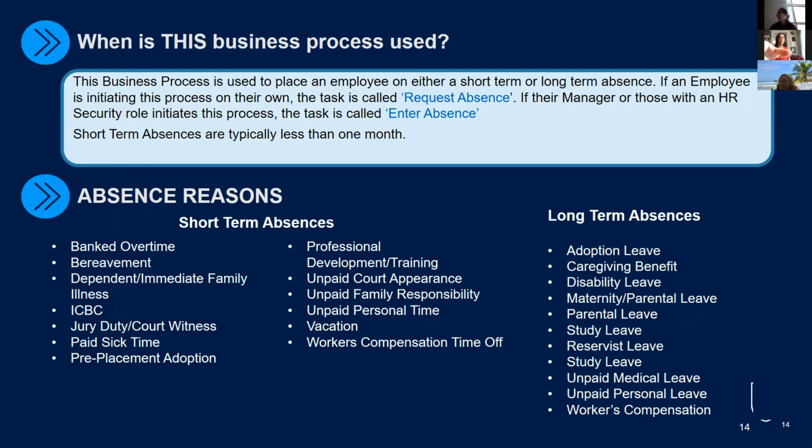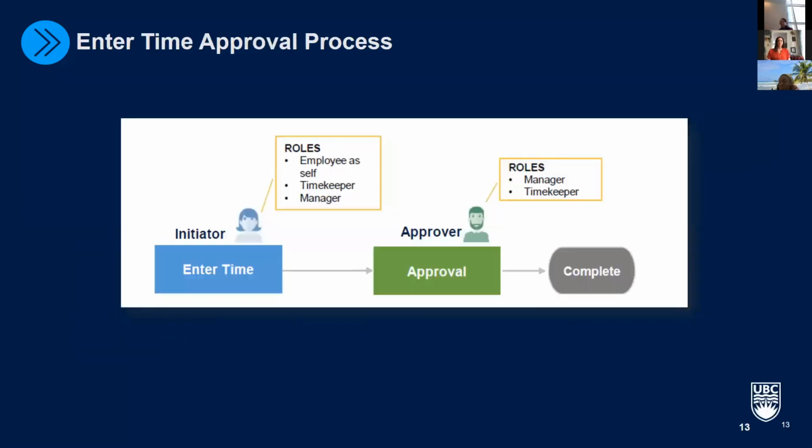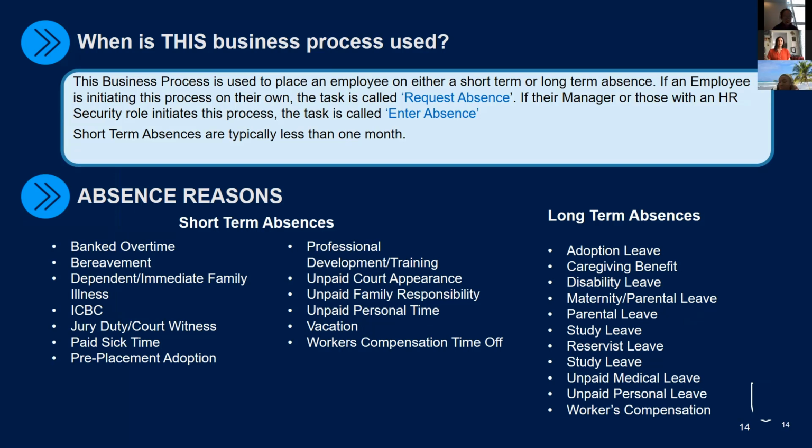So these are other absence reasons when the process is used. The process I mentioned is not just for entering hours, but also for short-term absences. And if there are long-term absences, please let us know so we can assist in this process.